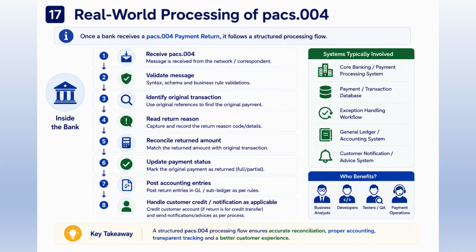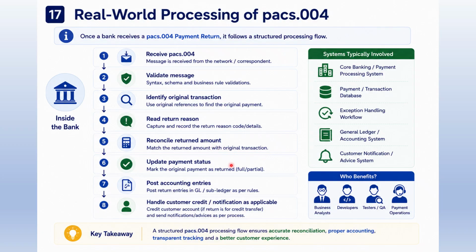Now, let's look at what happens inside a bank when pacs.004 is received. First, the bank receives the pacs.004 message. Then, it validates the message. Next, it identifies the original transaction using the references carried in the return. Then it reads the return reason. After that, the bank reconciles the returned amount against the original payment.